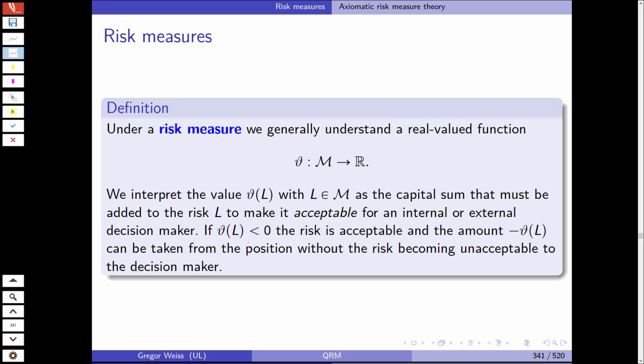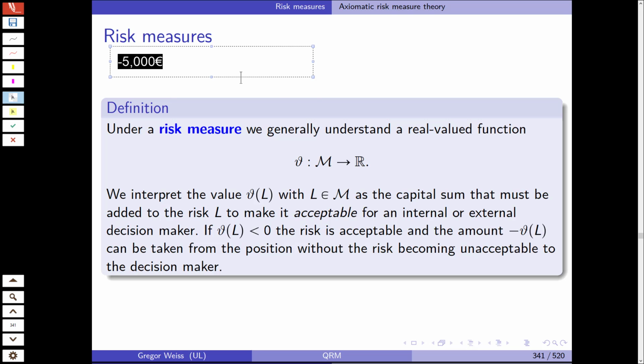It's very simple. If nu of L is negative, say it's minus 5,000 euros, it is, for example, a bank account. A bank account is not risky, and we can withdraw 5,000 euros from that bank account, then it's 0. It still poses no risk. That's the case of a risk measure having a negative number.